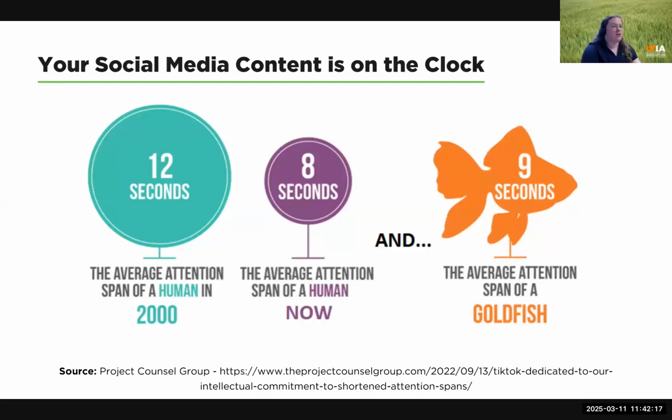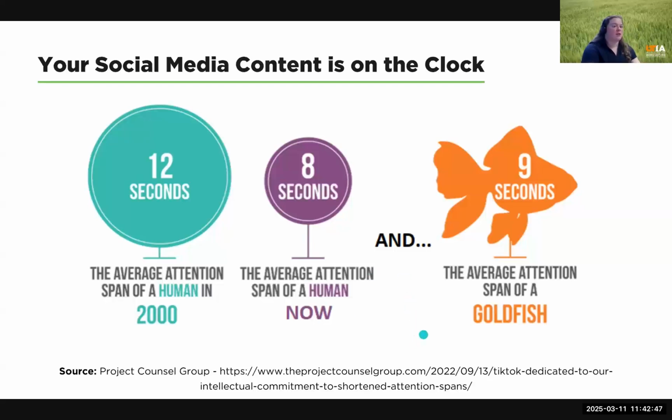So your social media content for your brand or your business is on the clock. You can see this graphic is from 2022, so again, it's a couple years old. But this shows that the average attention span of a human at that time was 8 seconds, compared to 12 seconds in 2000, around 25 years ago. That's 4 seconds of attention span that we've lost.